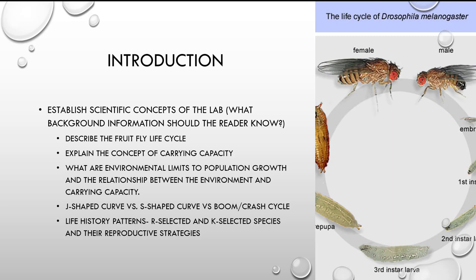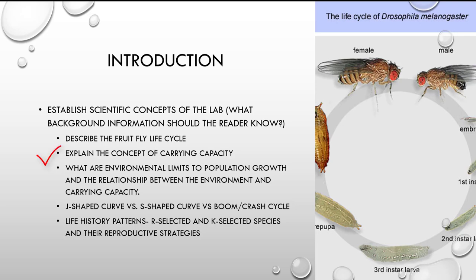It's also important to talk about what population growth is. What are some environmental effects of population growth? What limits population growth? This is where we get into the concept of carrying capacity.